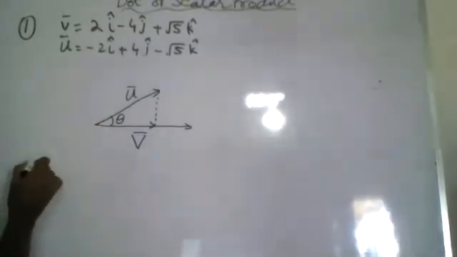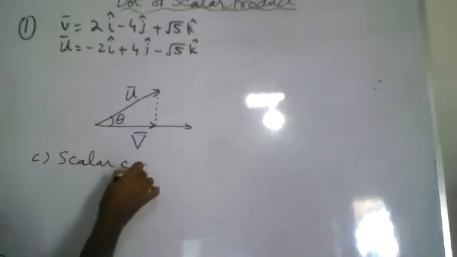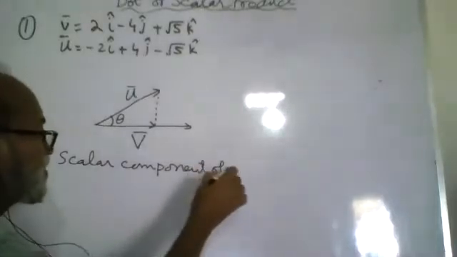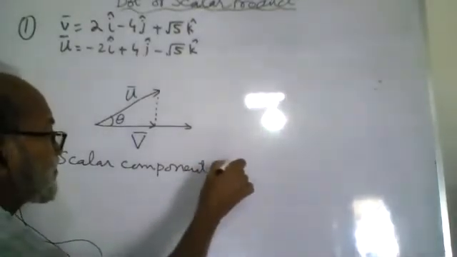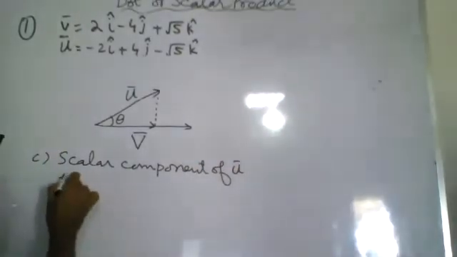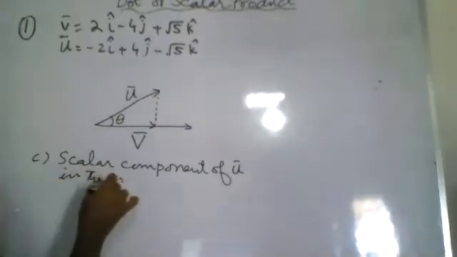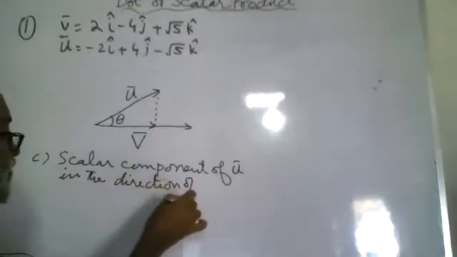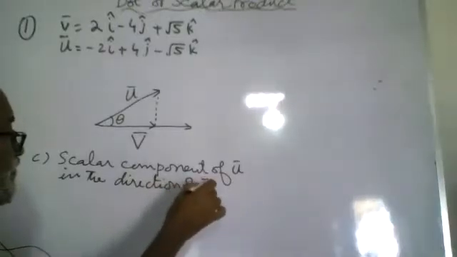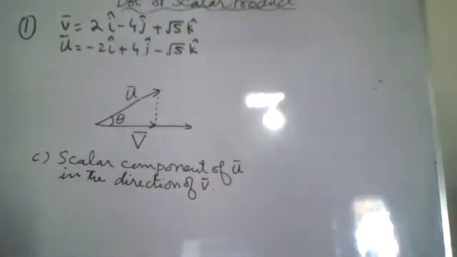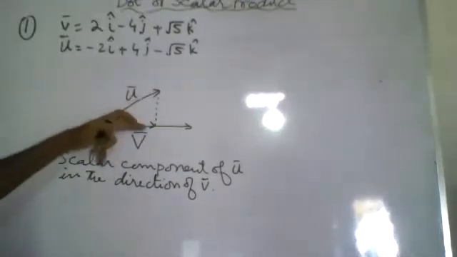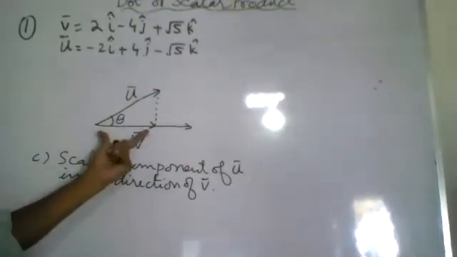So the C part, scalar component of U in the direction of V. So this is the scalar component of U. This is the component of U in the direction of V. We will find the magnitude of this one.